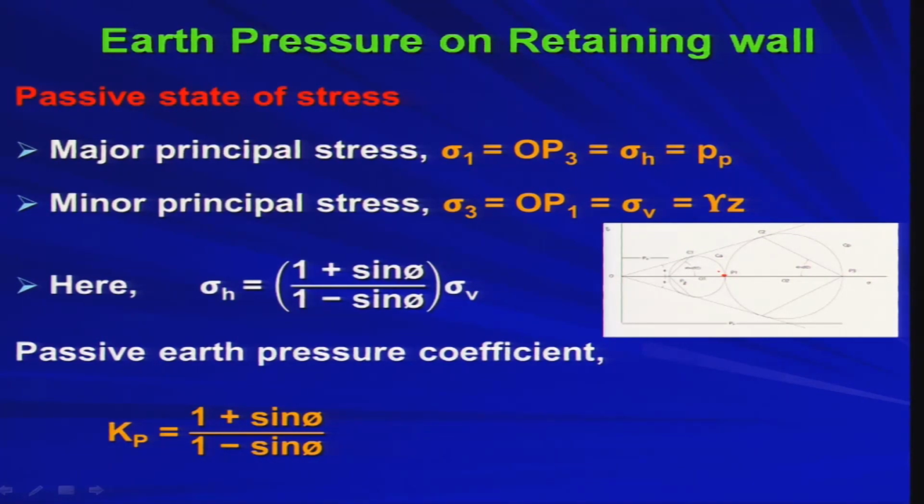Now, in case of the active state, that P1 point was representing the major principal stress, because in the active state your lateral pressure is getting reduced. But in case of the passive state, your lateral pressure will be getting enhanced, getting increased. As you push the wall towards the soil, you need more pressure on the wall to have the movement on the backfill side.